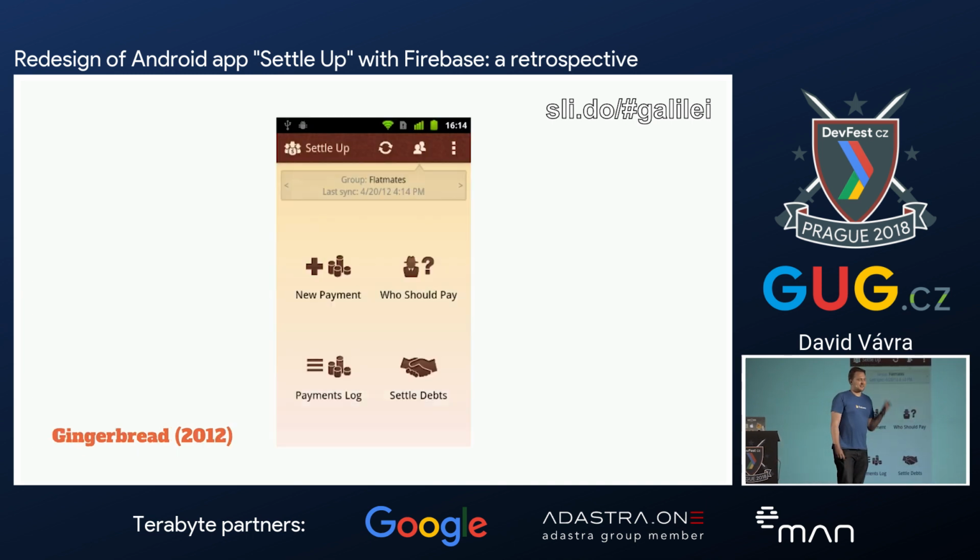So the first major redesign came with Android Gingerbread. Back then, this idea of skeuomorphism was popular. It came from iOS. iOS apps were skeuomorphic, which means they try to look like real life objects. For us, we chose leather. The iOS app is even more skeuomorphic than this.